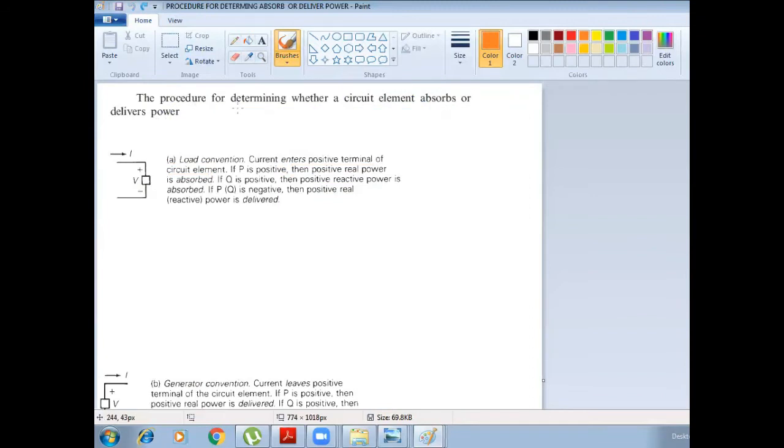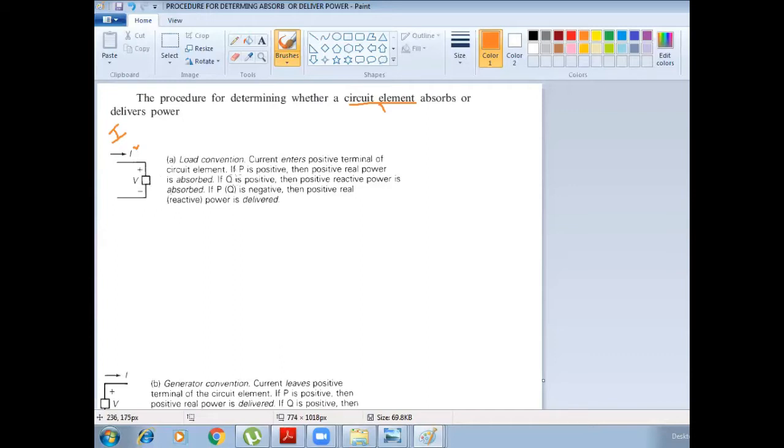These are for determining whether a circuit element absorbs or delivers power. Here the circuit elements we will consider are load and generator. Consider the first case, the load. For this load, we are assuming that current is entering the positive terminal of the circuit element, or the positive terminal of the load.